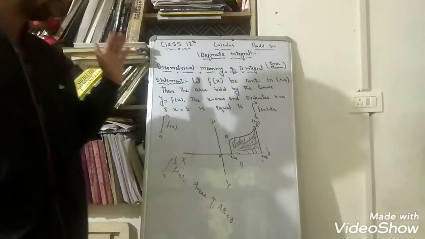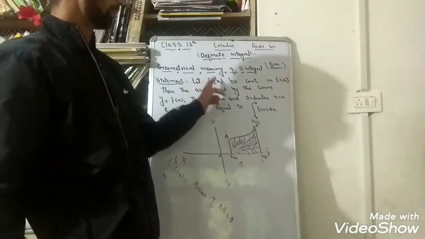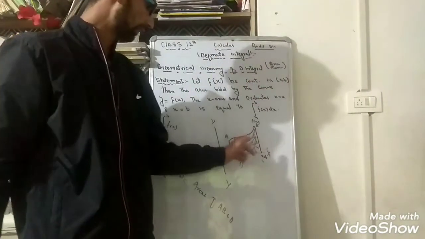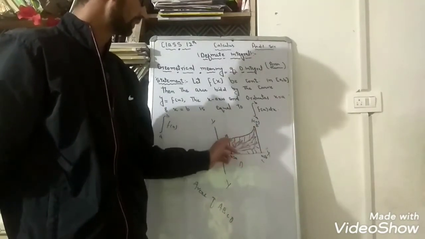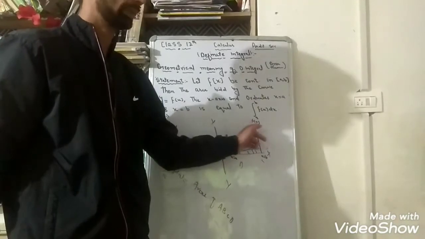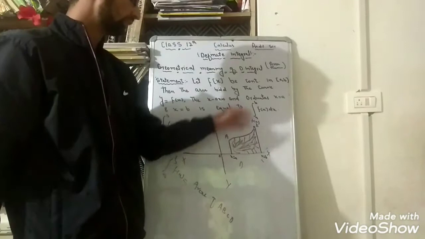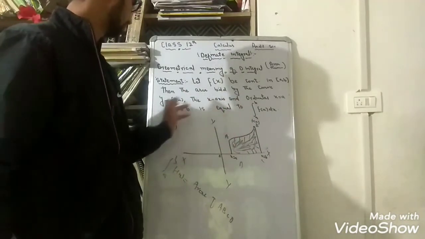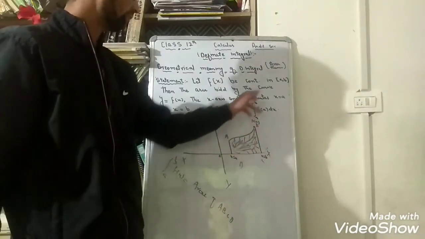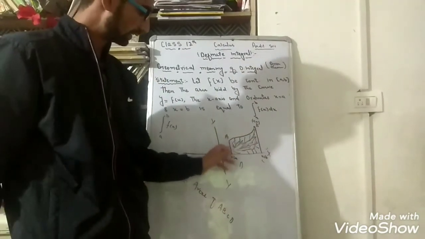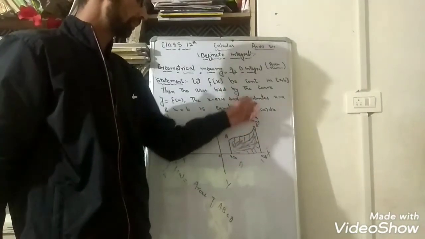We are going to solve a beautiful result, that is, if we have a function f of x that is continuous in AB, like this, if I take the function f of x from A to B and it is continuous in this interval A to B, then the area bounded by the curve y is equal to f of x, and the x-axis and the ordinates x is equal to A, x is equal to B, is equal to the integral A to B f of x.